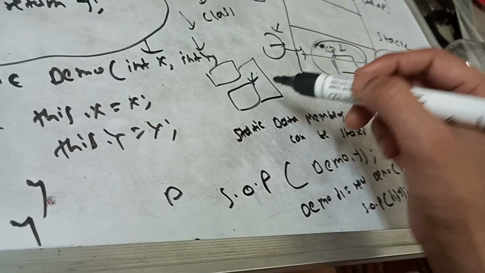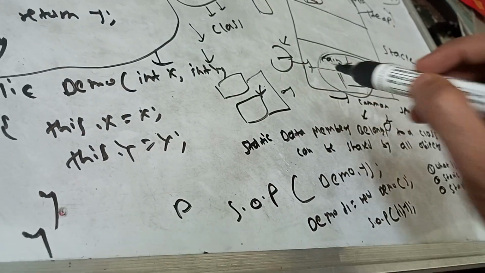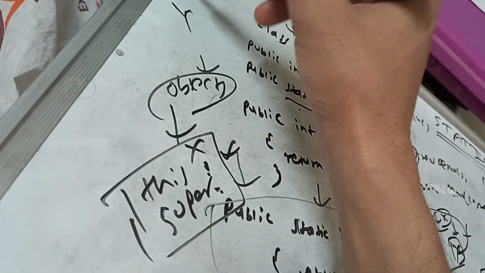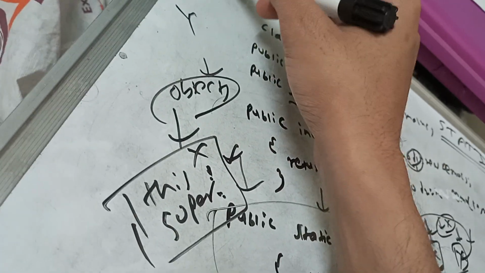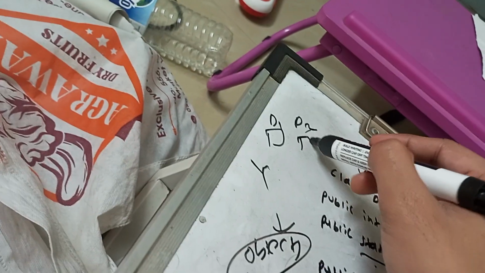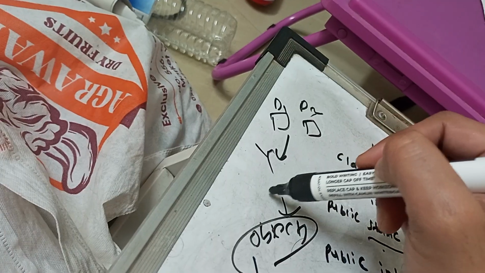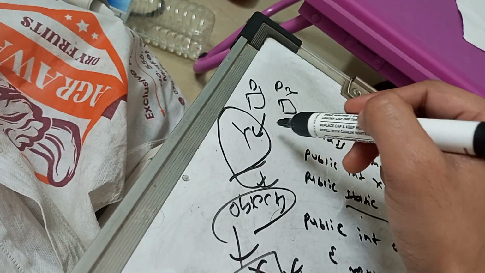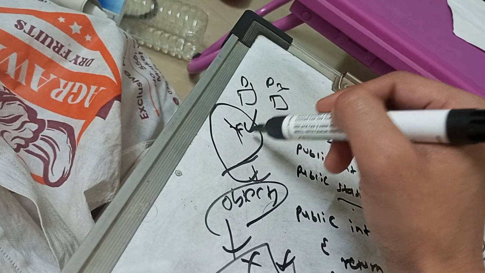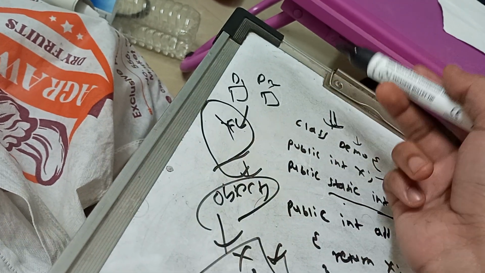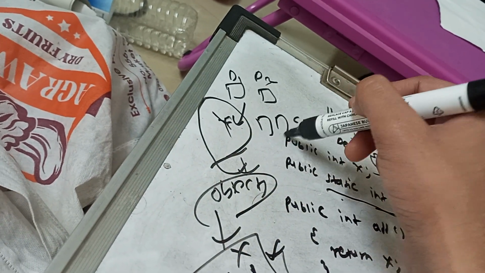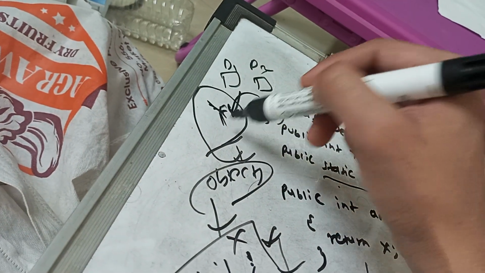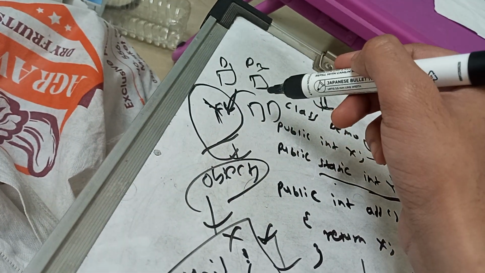Let's say here is my variable y and my two objects d1 and d2. Both objects share the static variable commonly. Let's say I create 100 objects of the same class; all 100 objects will share the static variable.